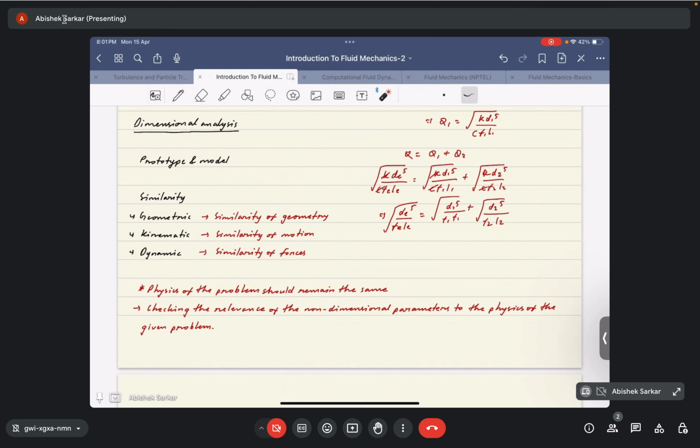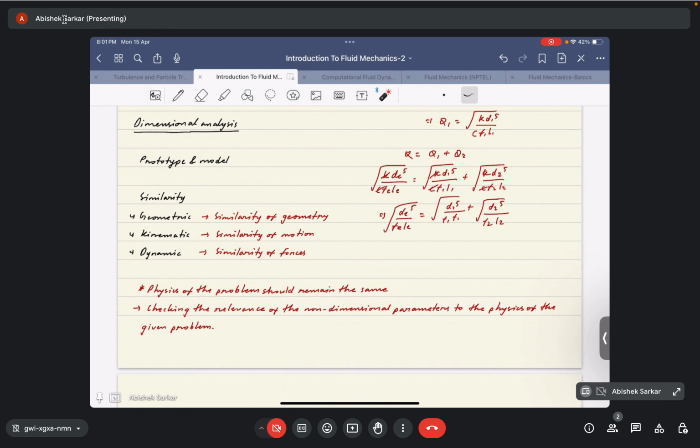A model and prototype are said to have a geometric similarity if there is a similarity in the geometry. Basically, the ratio of the length scales of the geometry in the prototype and the model should be the same. Then we can say that the prototype and the model have a geometric similarity. In the case of kinematic similarity, you need to have a similarity in motion.